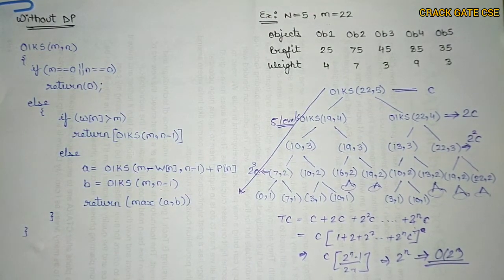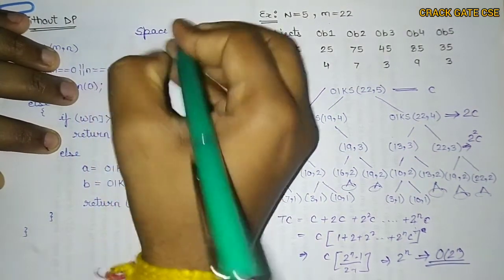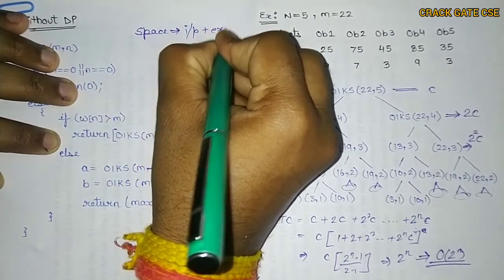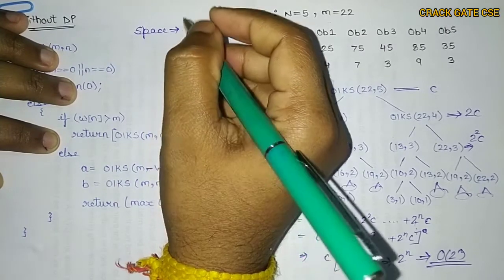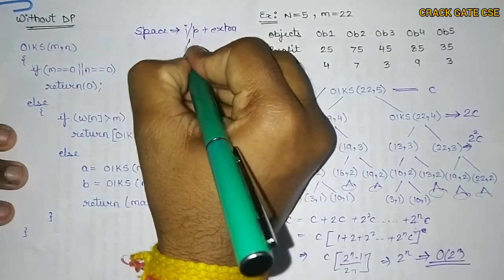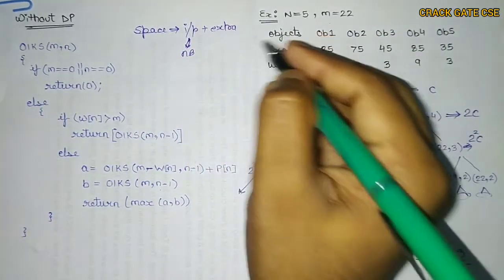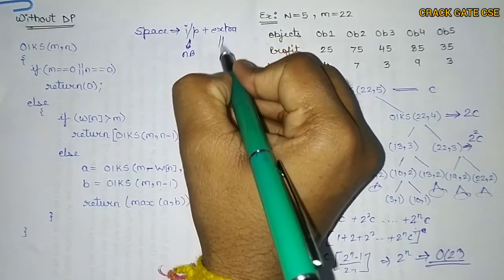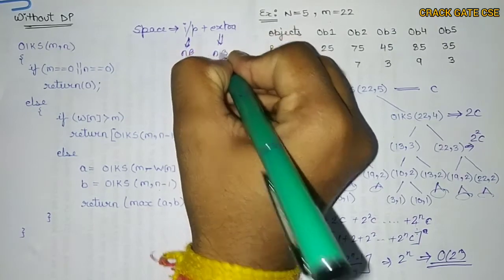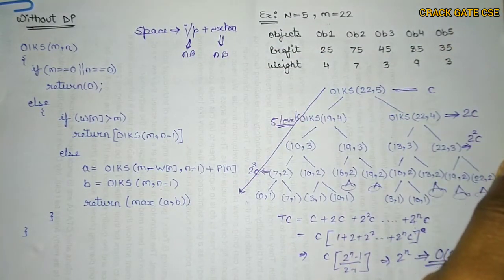Now I have to find the space complexity. I already told you in the previous videos that space is nothing but input plus extra. Here the input is n values, n bits, because to store this I will require n bits, and for extra, because there are n levels, I will take n stack space for the recursive function calls.